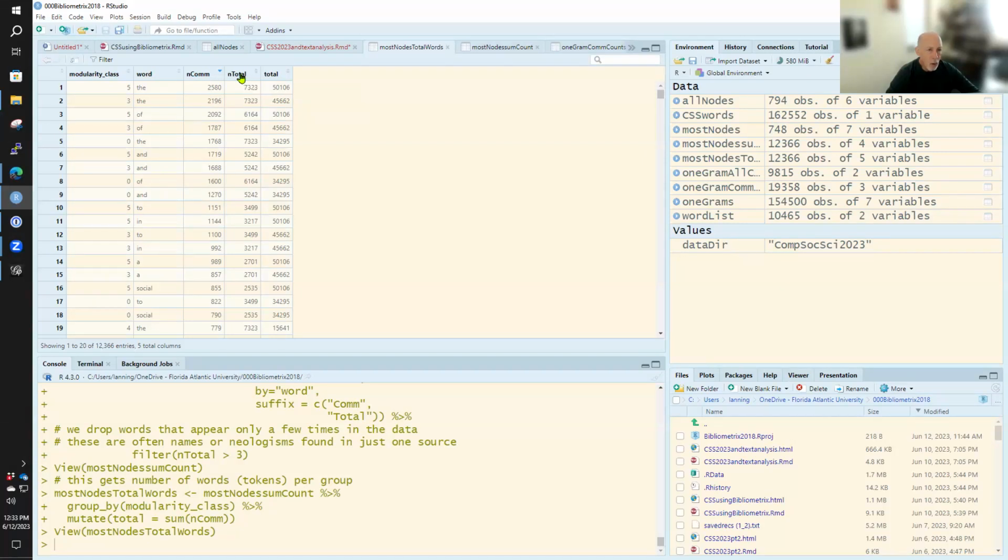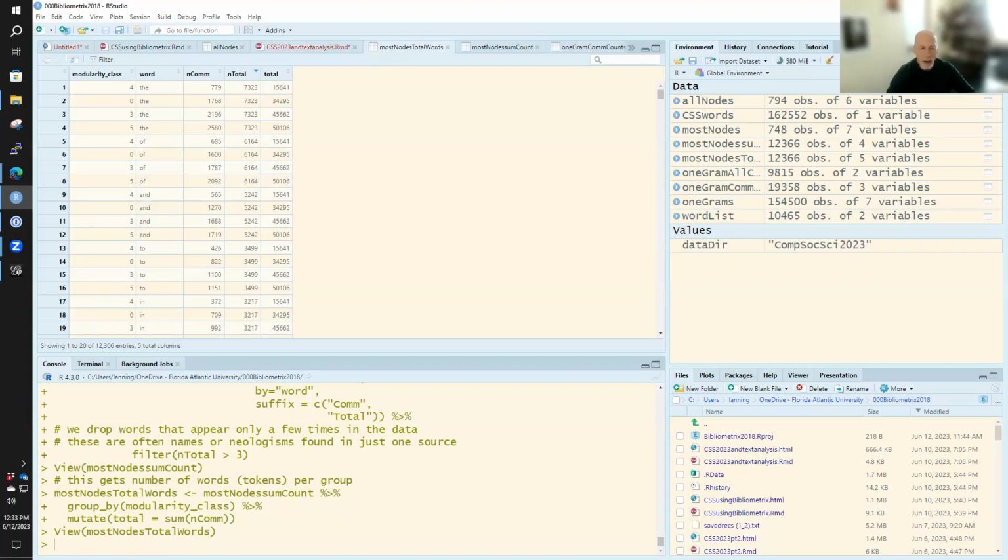The number of total words refers to the number of times that this word appears in the whole body of text. So total number of words in a community, and total number of times the word "the" appears in this community.